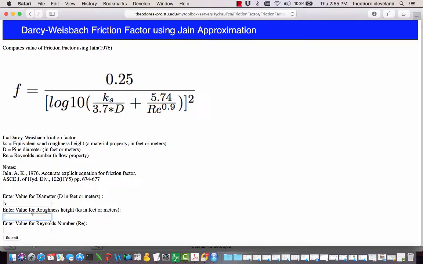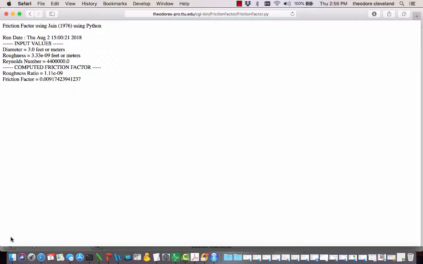Roughness height is 0.333 E minus 8. And the Reynolds number is 4.4 E6. Hit submit. And it estimates a friction factor of 0.009.